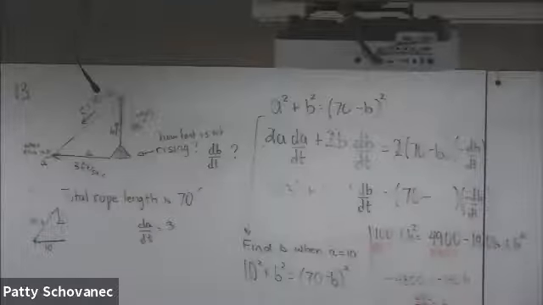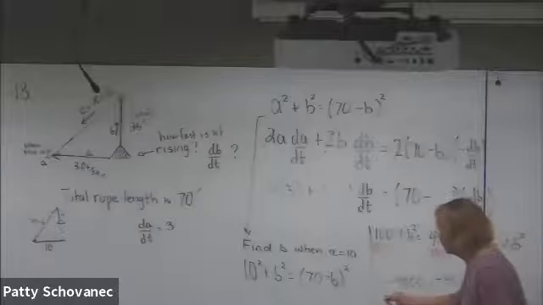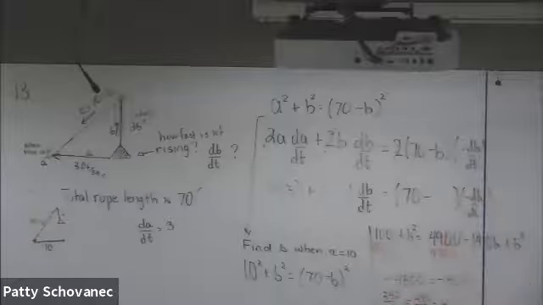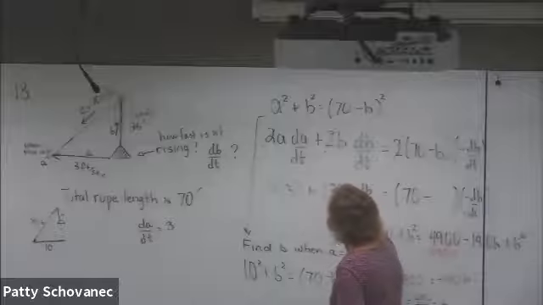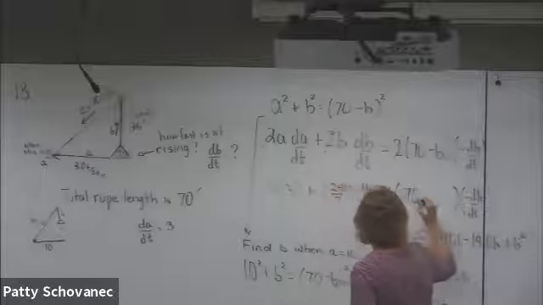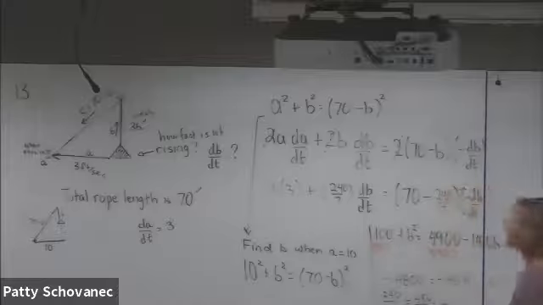Like 34.3. Decimals, I don't like decimals. Let's divide by 2. 240 divided by 7. So let's put that in where the B is. 240 divided by 7.